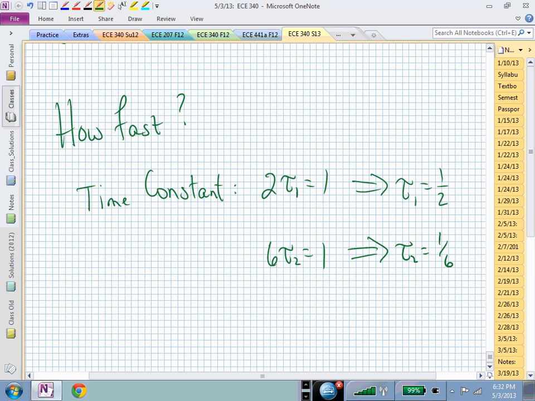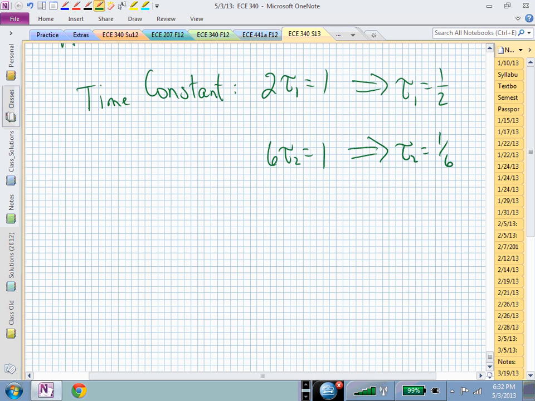Which of these do you worry about? Or you could find the sampling rate determined from each if you wanted to. If I was just looking at tau 1, then I would say tau 1 over 10, and that's now this 1 over 20, which is 0.05.